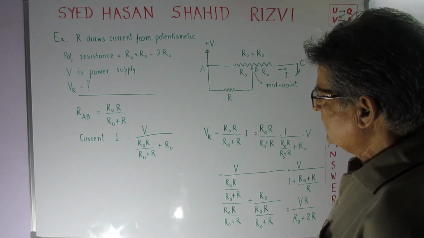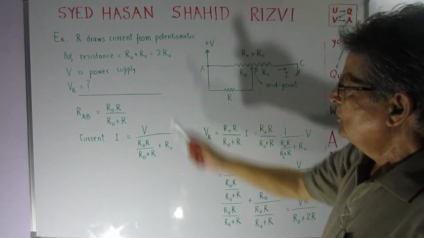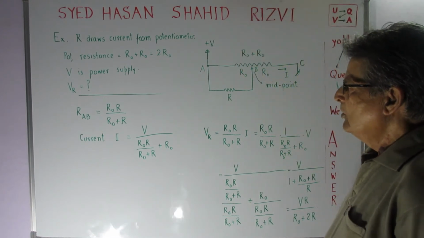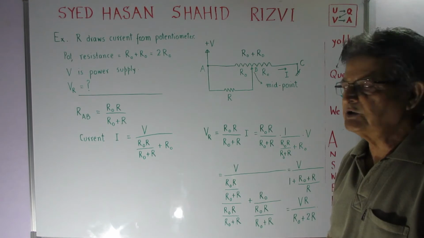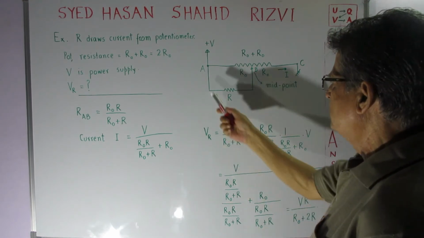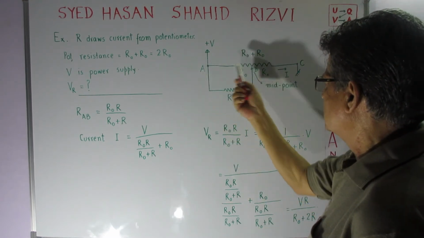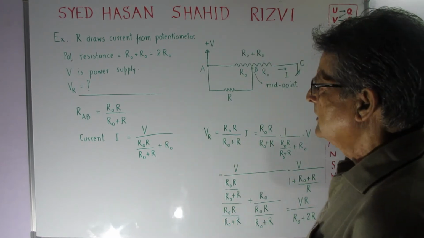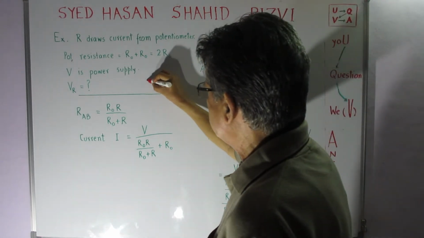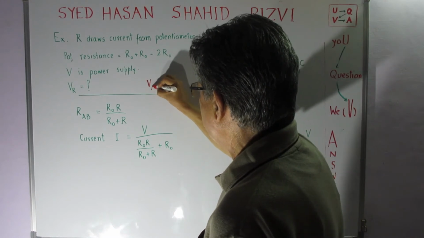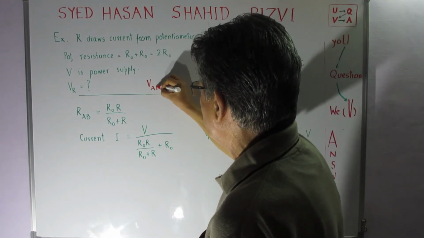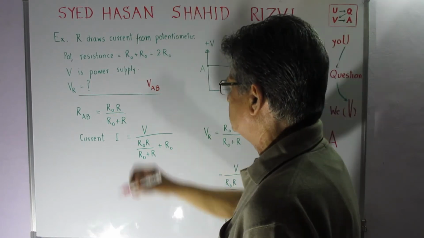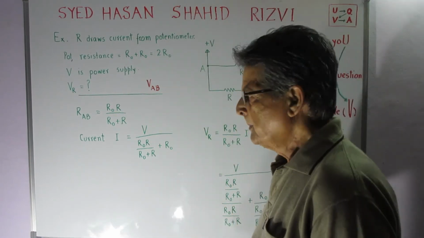The potentiometer resistance is equal to 2R0, capital V is the power supply, and now what is desired of us is to calculate the value of the drop across the points A and B, which is VR. This also I can say is V_AB. It can be also asked like that, so don't get confused, both of them are the same thing.